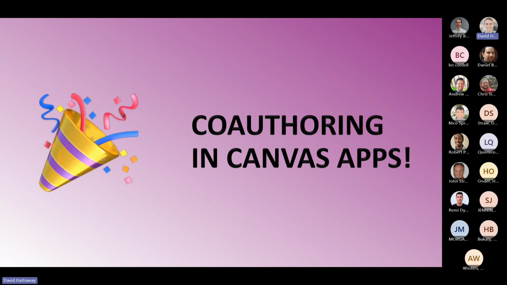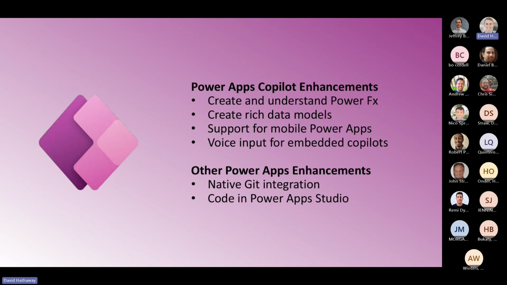All right, so on to some of the other Power Apps Build announcements. In terms of enhancements to our Copilot for Power Apps development, we have upgraded its capabilities and included the capability now for it to understand Power FX. So this works two different ways.